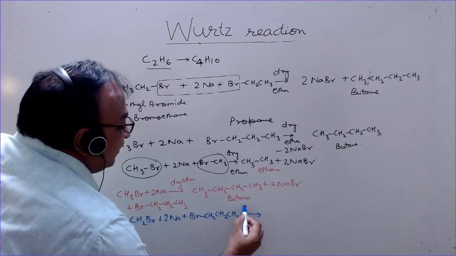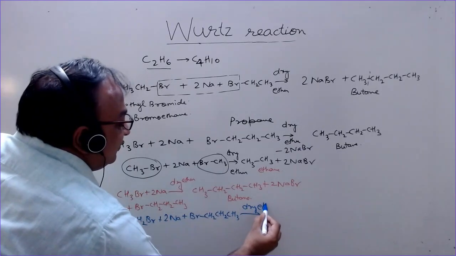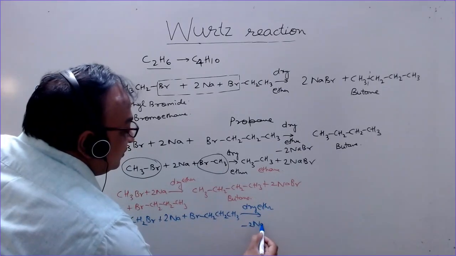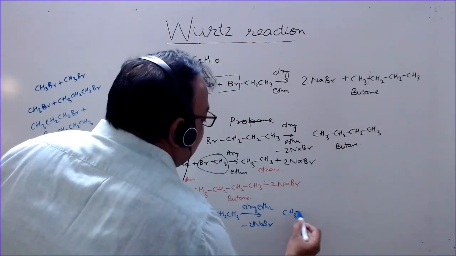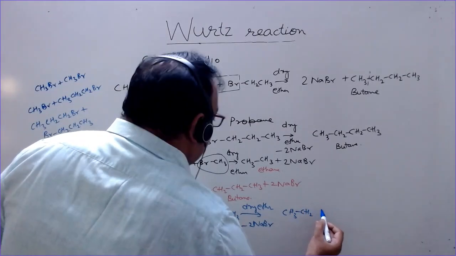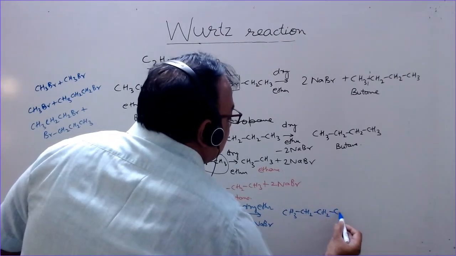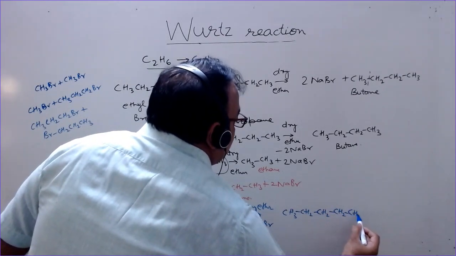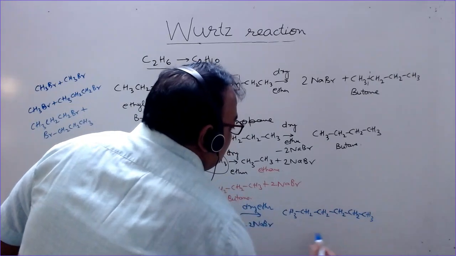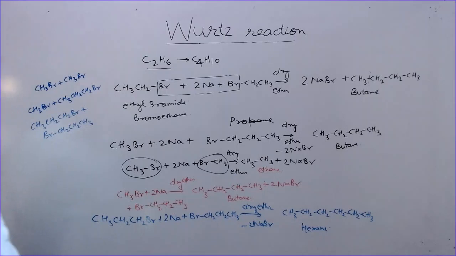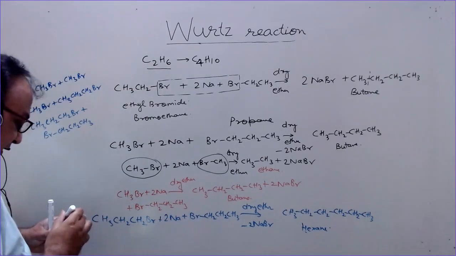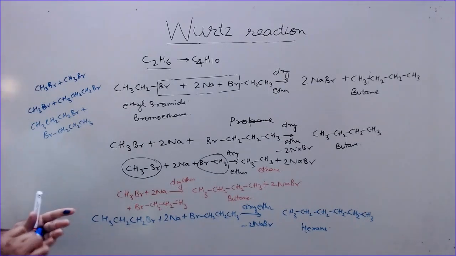In presence of dry ether, what we get is hexane. This is a hydrocarbon which contains 3 plus 3, that is 6 carbon atoms, so it is called hexane.